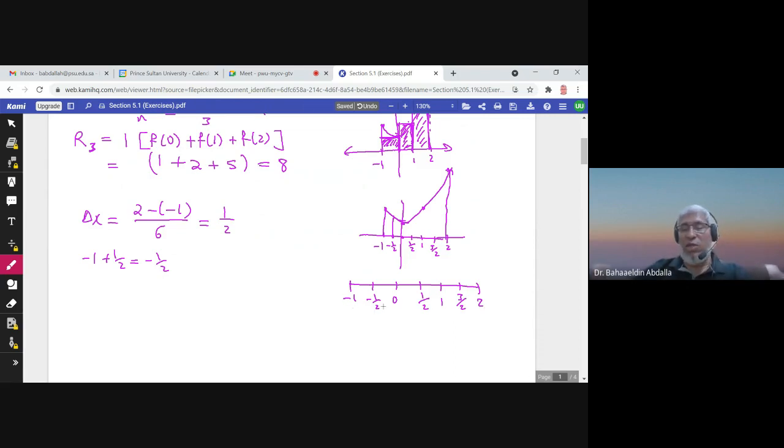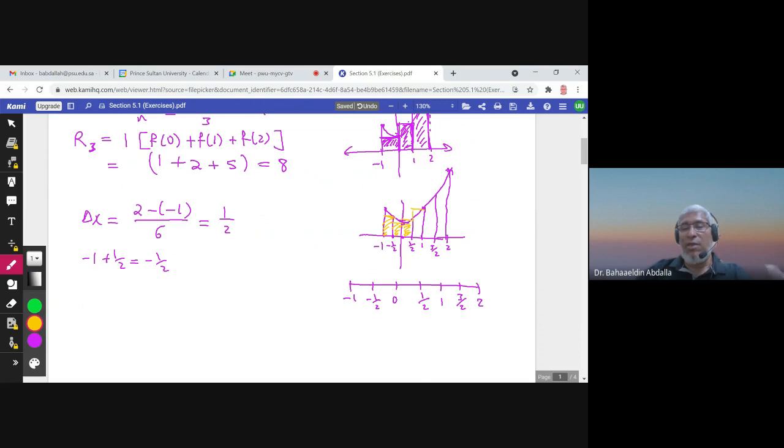Okay, so these are the sub-intervals. This is now using the right endpoint, so I can use another color. This would be the first rectangle. This would be the second rectangle. And this rectangle, okay, using the right endpoint, would be the third rectangle.